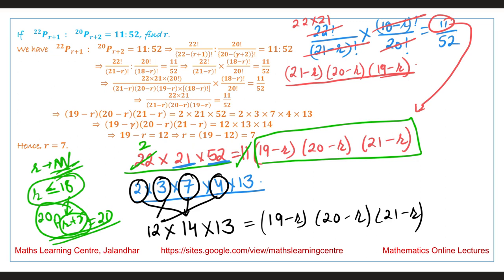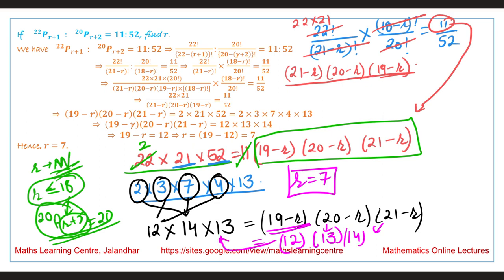So if we substitute r equal to 7, we get 19 minus 7 equal to 12, 20 minus 7 equal to 13, and 21 minus 7 equal to 14. We obtain the answer in this form. So the value of r is 7 in this case.